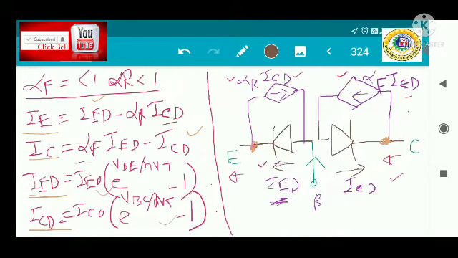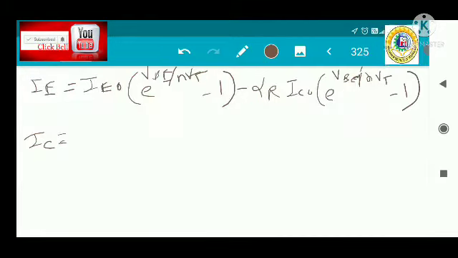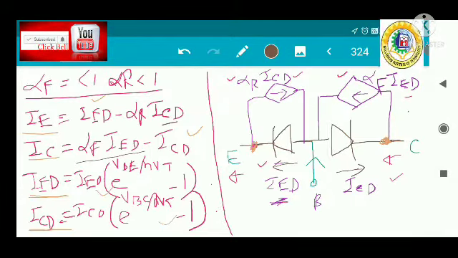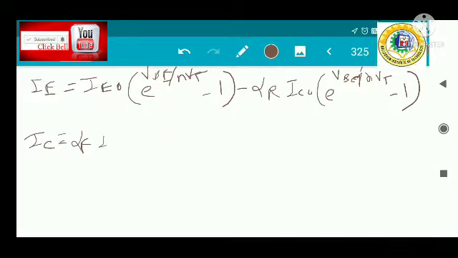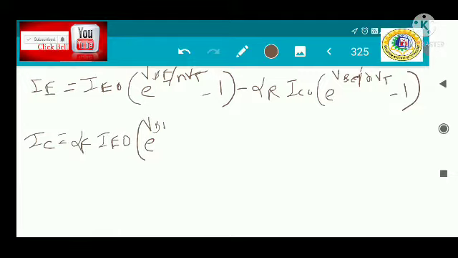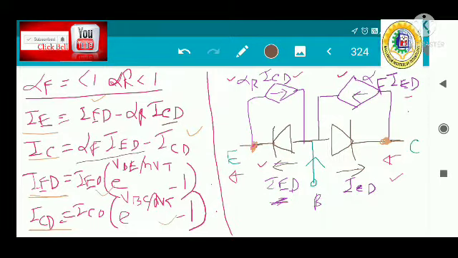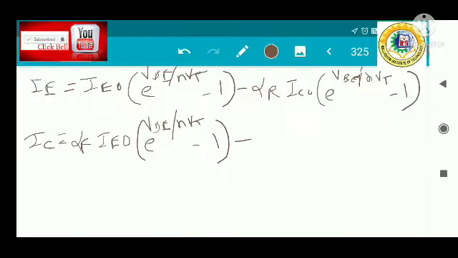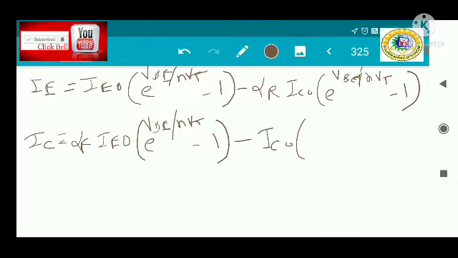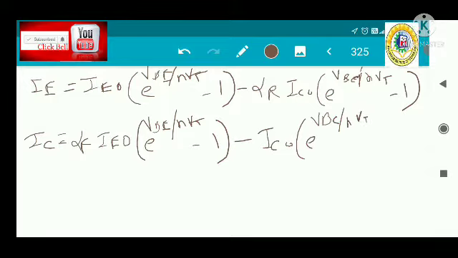IC will be represented in the same way. IC is nothing but alpha F IED, so alpha F times IE0 e to the power VBE divided by eta VT, minus 1, minus ICD, and ICD is IC0 e to the power VBC divided by eta VT, minus 1.